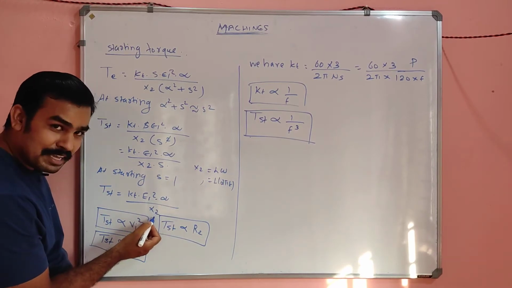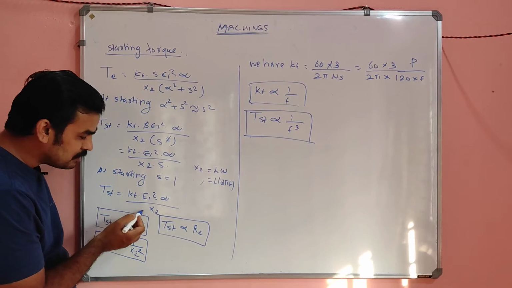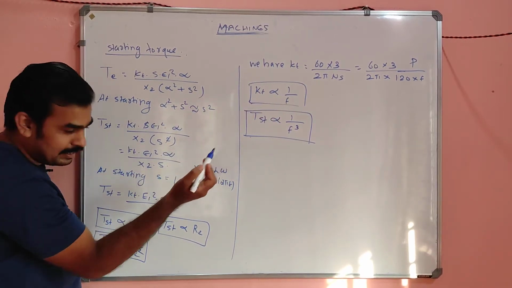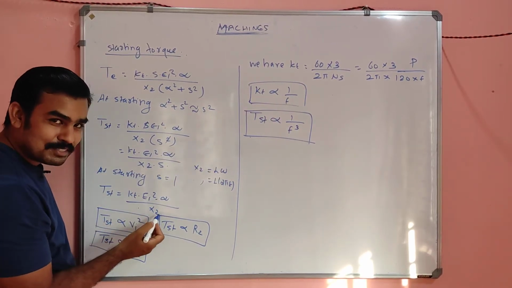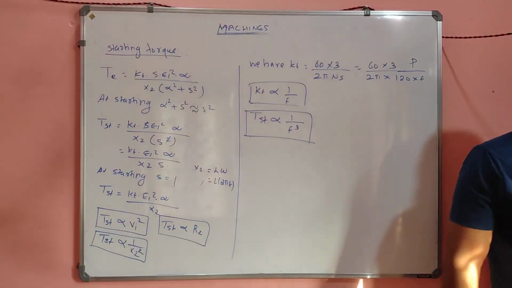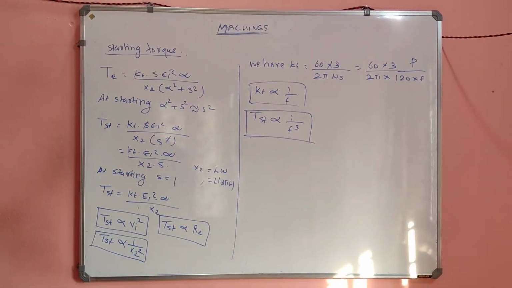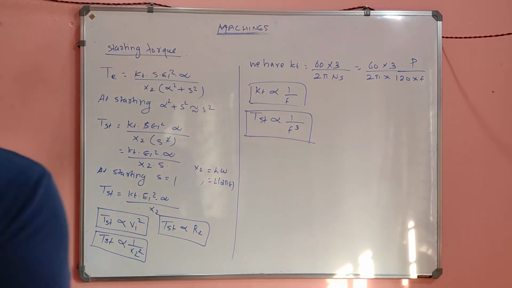And due to KT, there is one more f in the denominator already. So f square into f becomes f cube. Carefully note the terms, my dears.